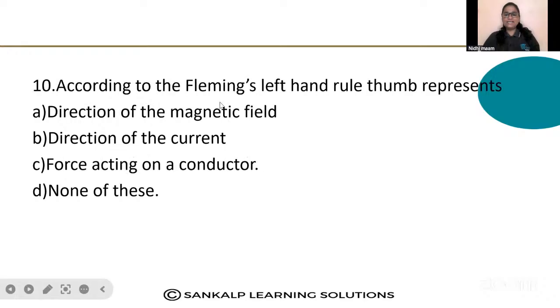According to Fleming's left-hand rule, the thumb represents: direction of magnetic field, direction of the current, force acting on a conductor, none of these. We did Fleming's left-hand rule like this, right? In this, what does the thumb represent?